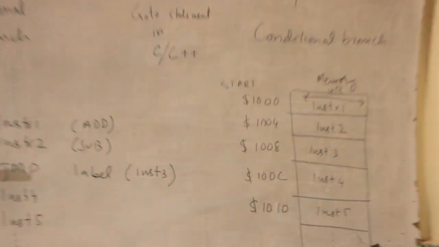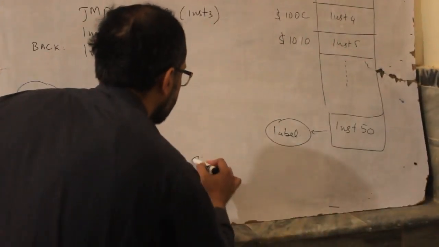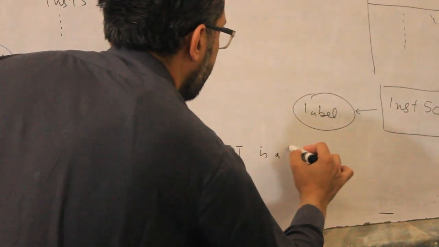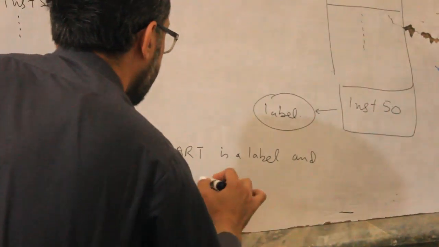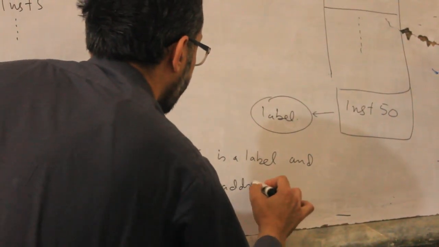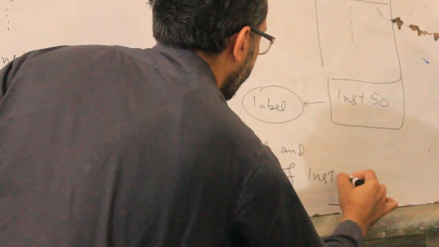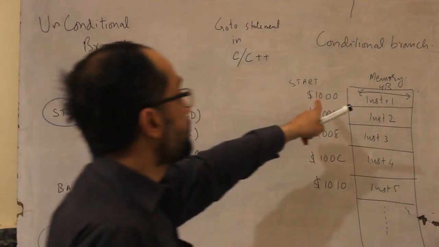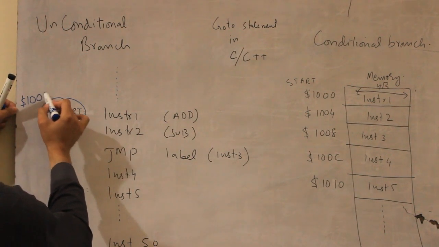If you look at this, what is start? Start is a label, and it is an address. It is the address of instruction 1, and the value of start is $1000.